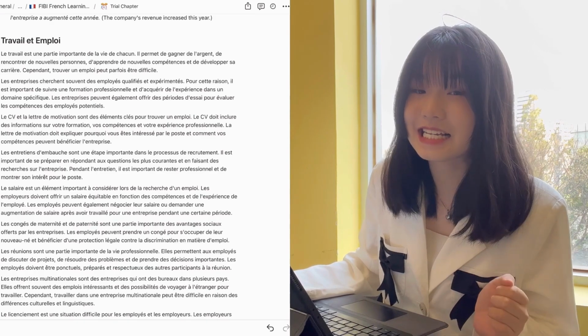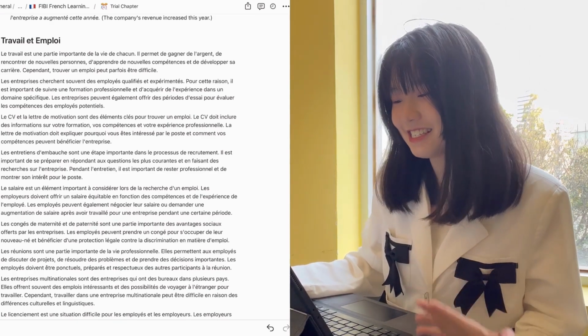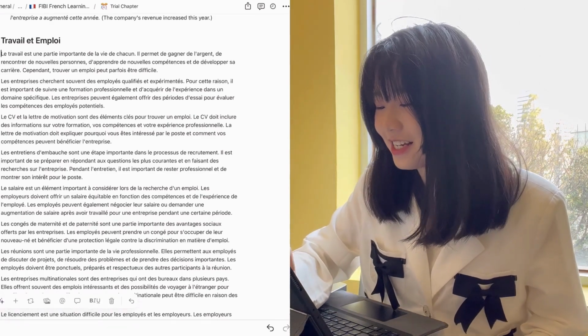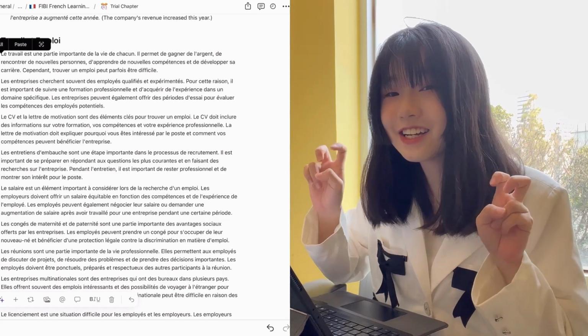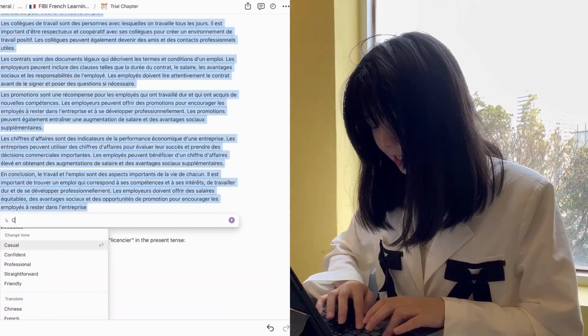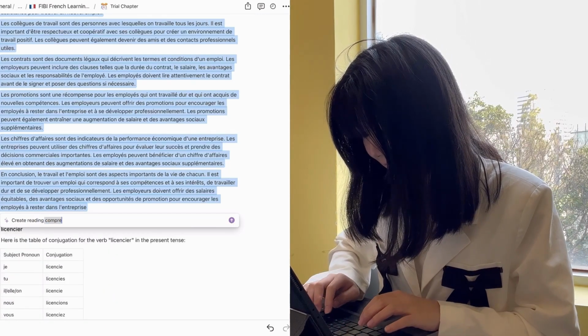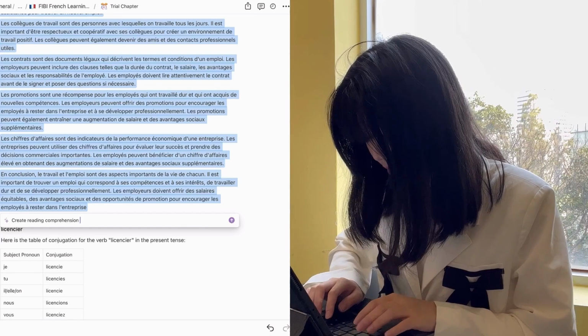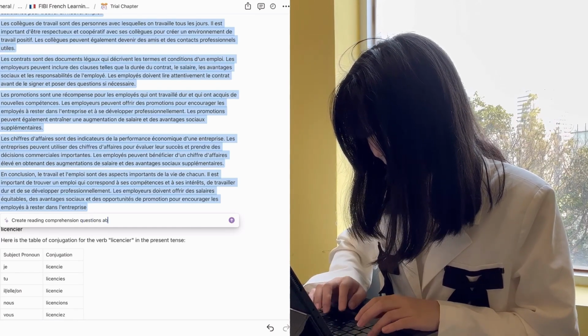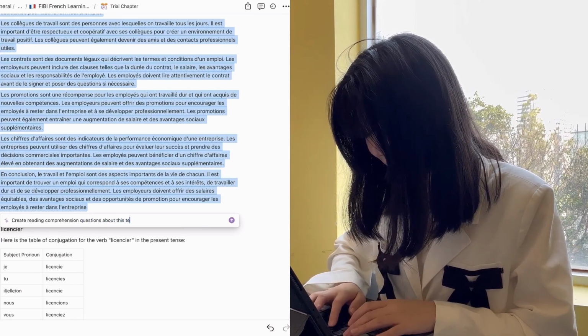In order to test if we fully understand this text, we can ask Notion AI to create some reading comprehension questions about this text.